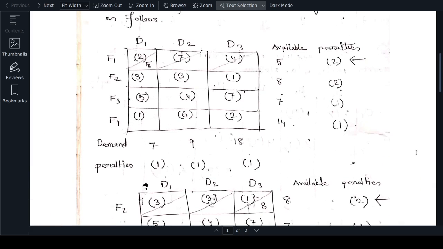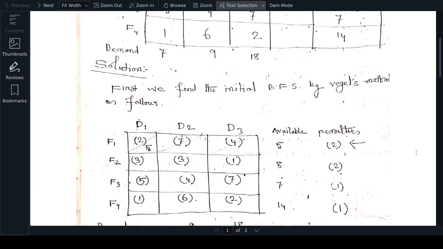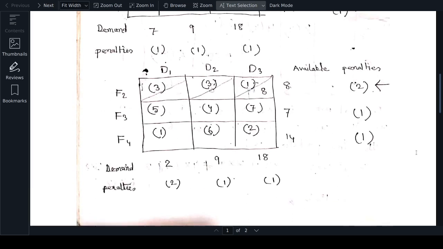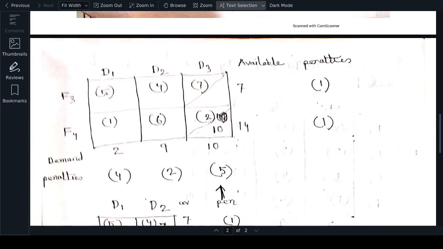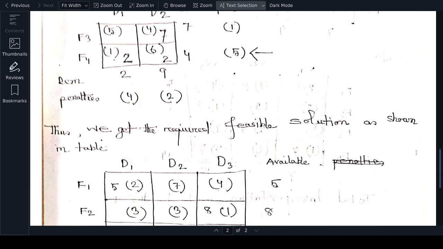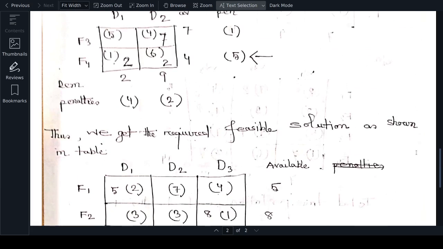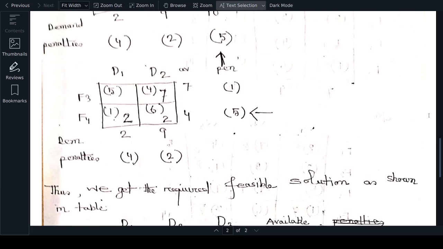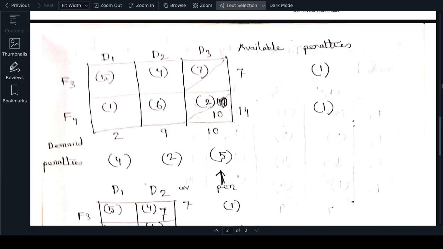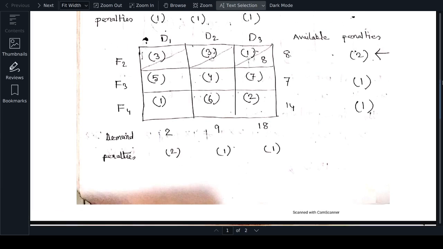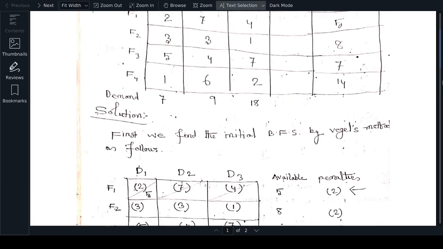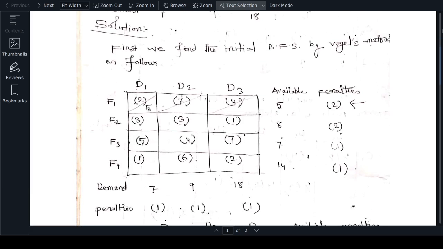Is this clear or not? Yes sir, clear. Okay. Because you see in allocation, here 2 plus 2 is 4 availability. Allocation 7 plus allocation 2 is 9, so demand is 9. Similarly, in F3, allocation is 7, availability is 7.